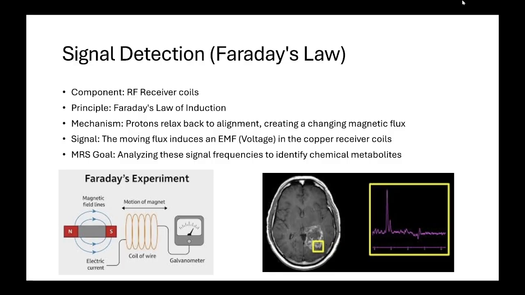The changing magnetic flux induces a tiny voltage in the coil. This voltage is our data. In spectroscopy, we look at how different chemicals like fat or sugar cause the atoms to wobble at slightly different speeds, allowing us to identify the chemistry of a tumor.